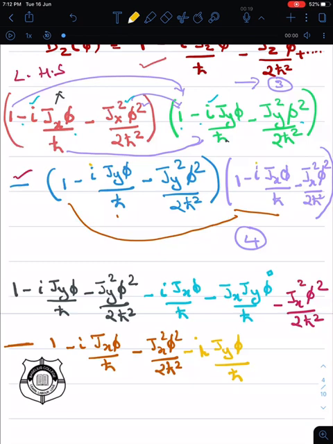Minus 1, here you have minus and minus, it becomes plus. So it is again minus here, minus jy jx phi by h cross square.